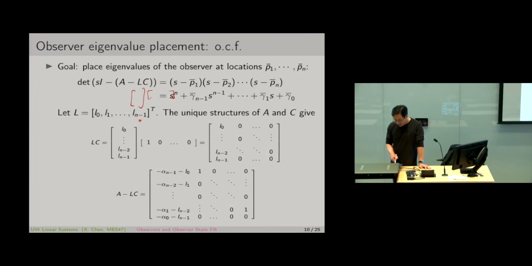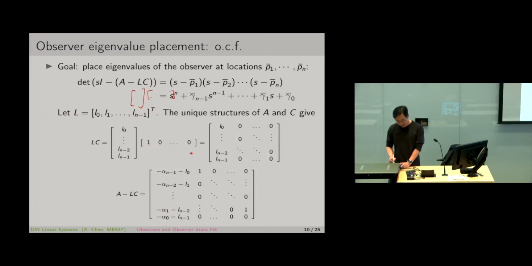That's the dimension. Now, we said the matrices A and C are in observable canonical form. If you pay attention to this fact, you can see LC becomes very structured. L is a column vector, C is a row vector. We consider the single output case.